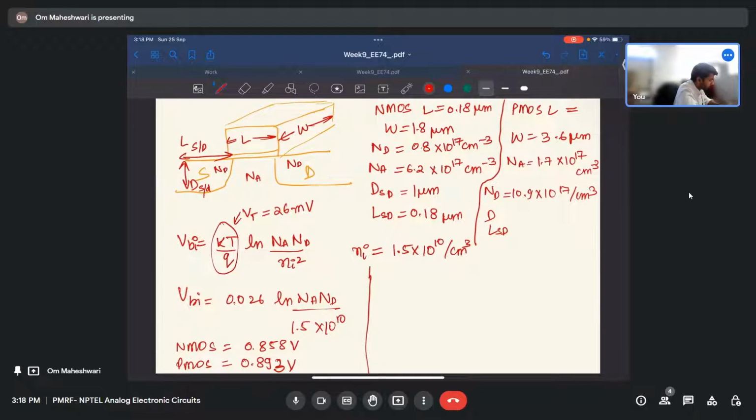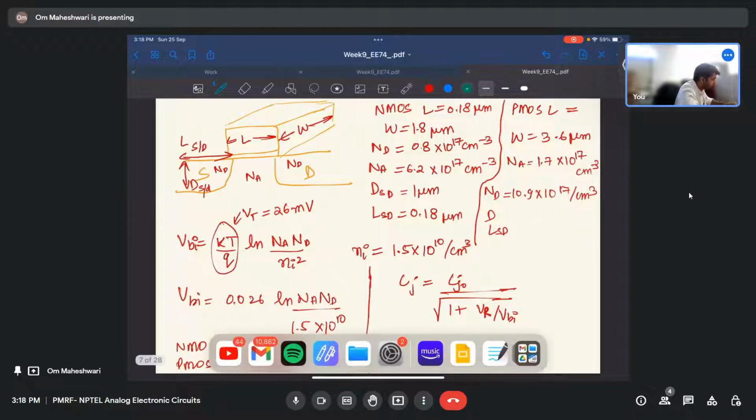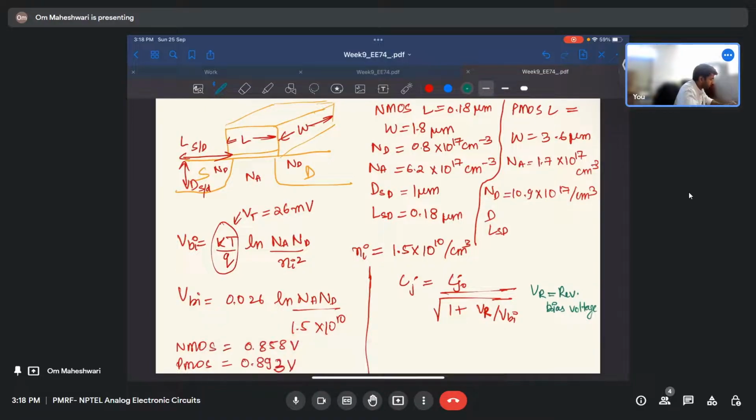Now what is the junction capacitance? So Cj equals Cj naught divided by 1 plus Vr by Vbi. Vr is the reverse bias voltage. And what is Cj naught?